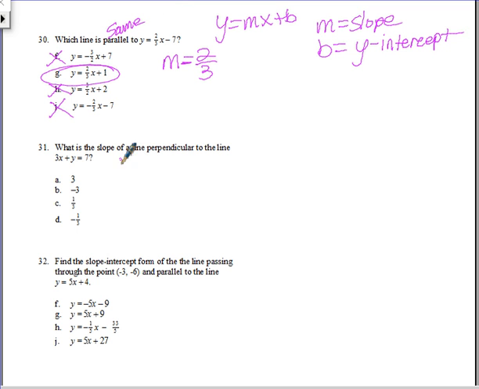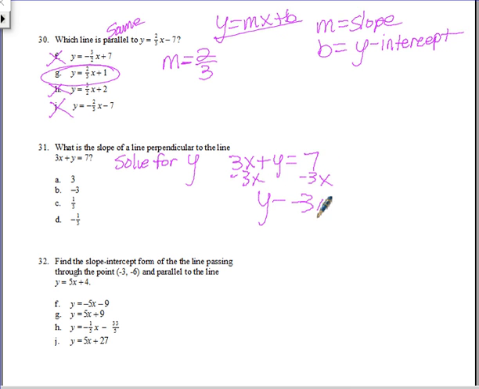Right here, we have to solve for y, okay? Because we want y equals mx plus b. So if we solve for y, I have 3x plus y equals 7. Subtract 3x on both sides, and these are not like terms, so I can't combine these. So I have y equals -3x plus 7.